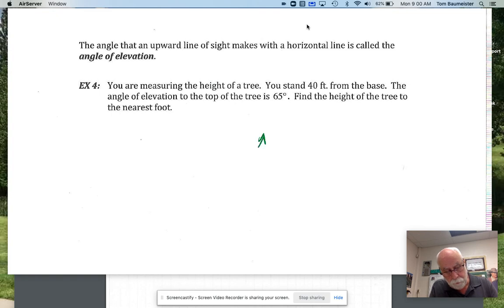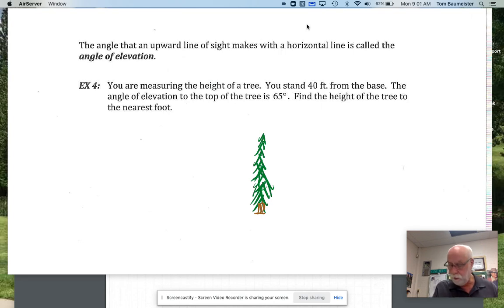I'll even put a brown base on it because I can. All right. Now remember, I'm not the best drawer. You're probably not either.